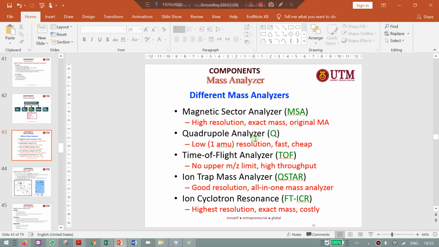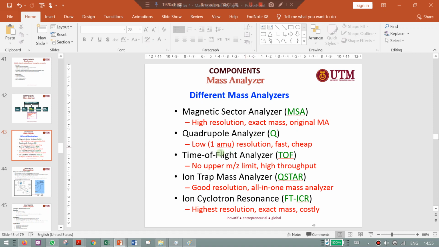The average price of the GCMS can reach from 500,000 to 1 million, depending on the efficiency. For example, if we go for the GC-MS/MS, the double quadrupole system, it can reach up to 1 million ringgit.